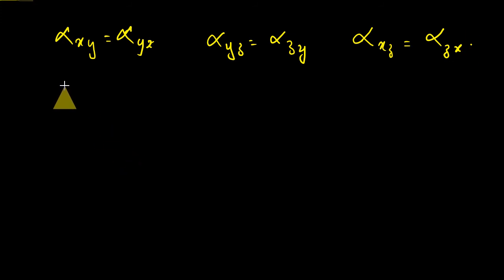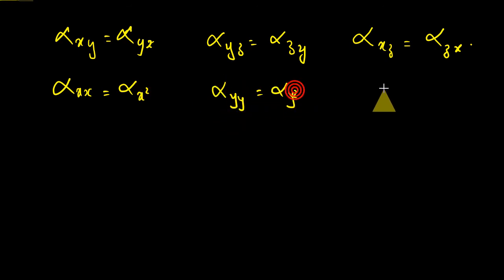Similarly, let me denote alpha xx as alpha x square, alpha yy as alpha y square, and alpha zz as alpha z square. If we take these into consideration, how many components are there for the polarizability? I don't need to write alpha yx again because alpha xy is equal to alpha yx.